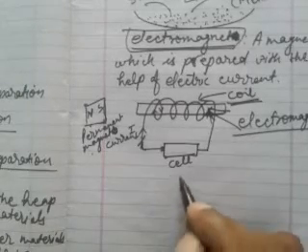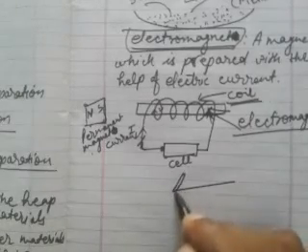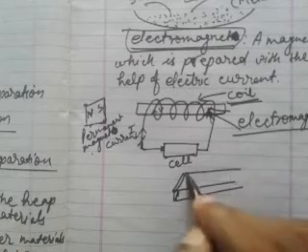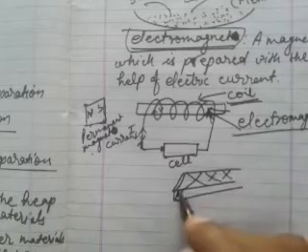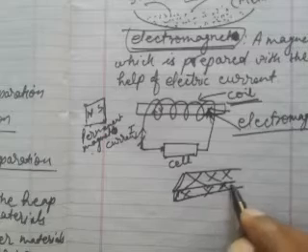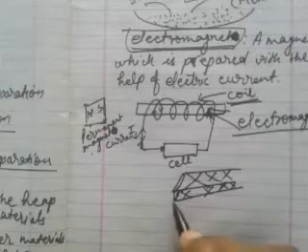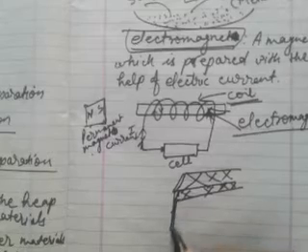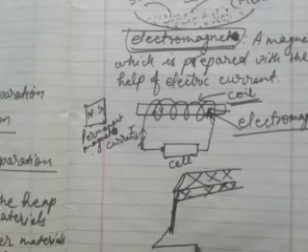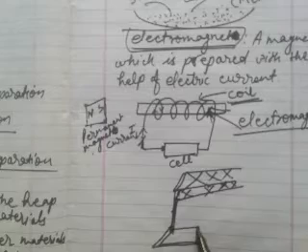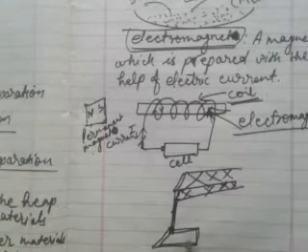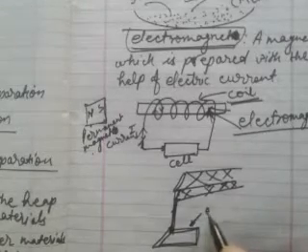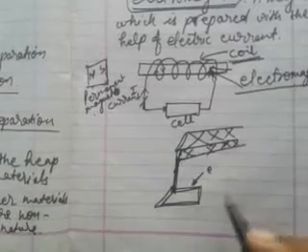How is this possible? Suppose that this is a crane, and it is attached to an electromagnet.